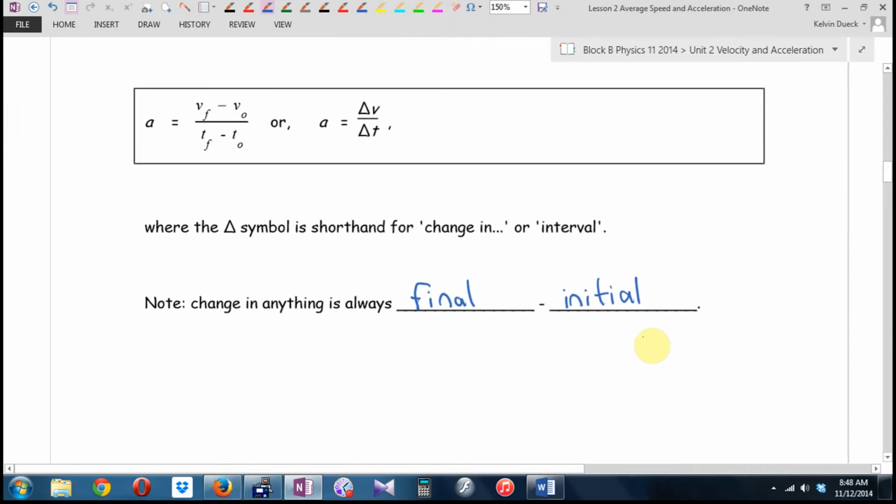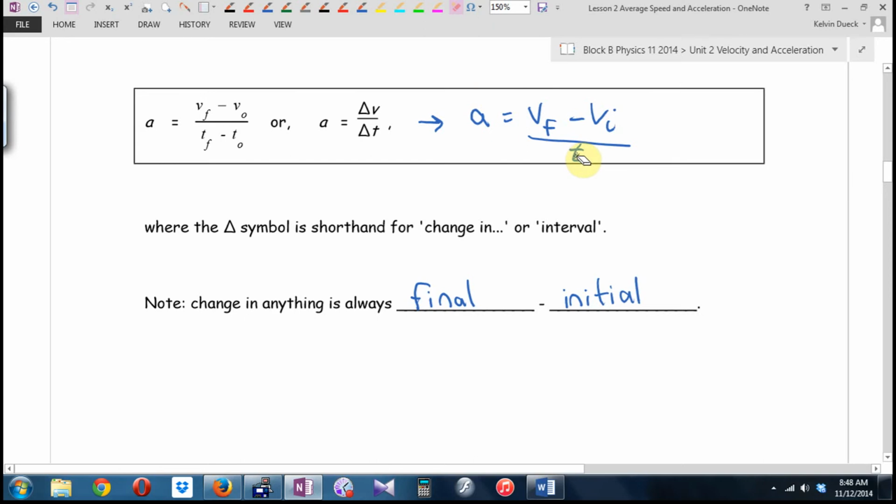Before you turn the page, usually I will write this equation as A equals VF minus VI over T. Usually. And you can see already, I've gotten sloppy.